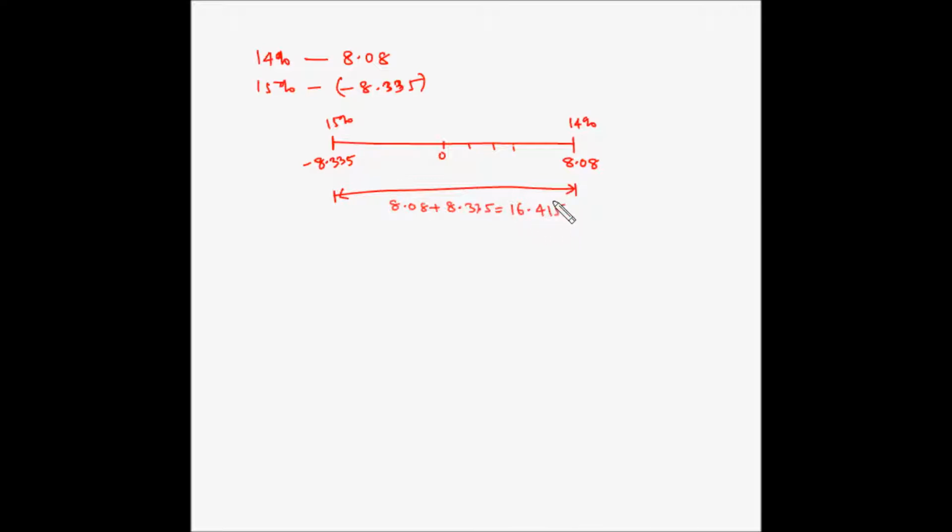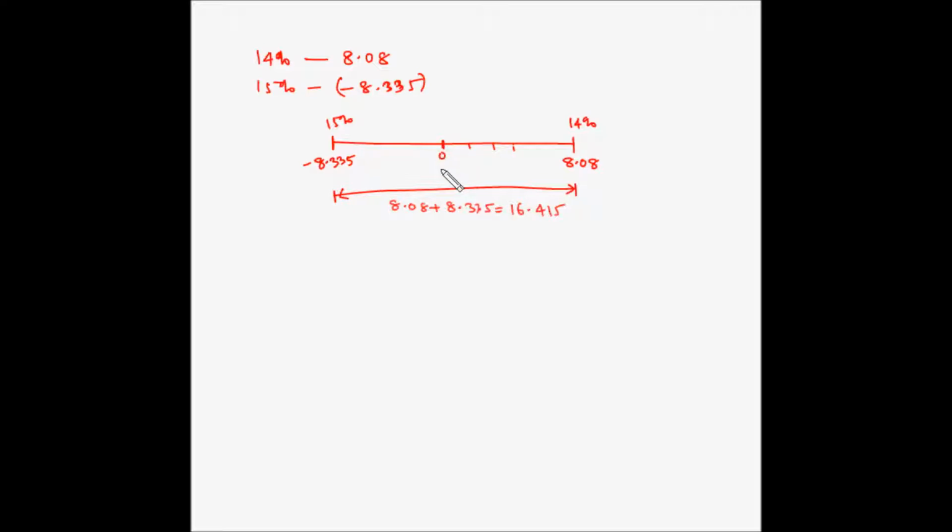So 16.415 is the total distance to be traveled from 14% to 15%, or from 8.08 to -8.335.